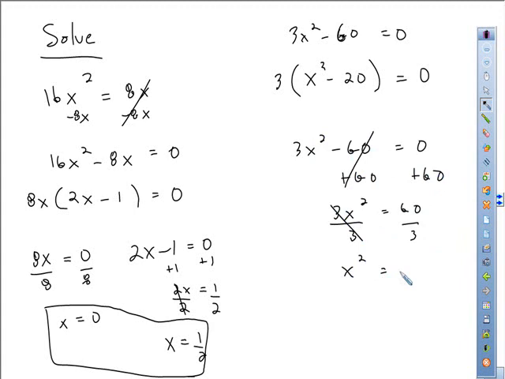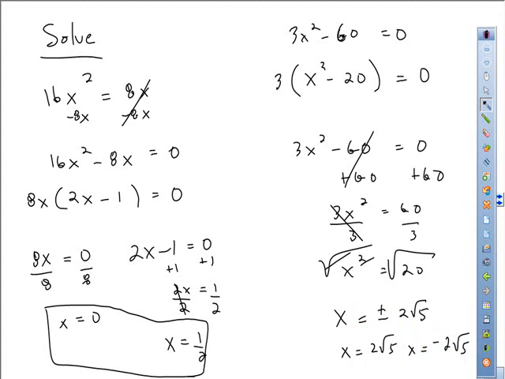So x squared is equal to 20. And then when you square root both sides, that'll give you x by itself is equal to, remember we need the plus or the minus, the square root of 20, which is 2 radical 5. So x would equal 2 radical 5, and x is going to equal negative 2 radical 5.